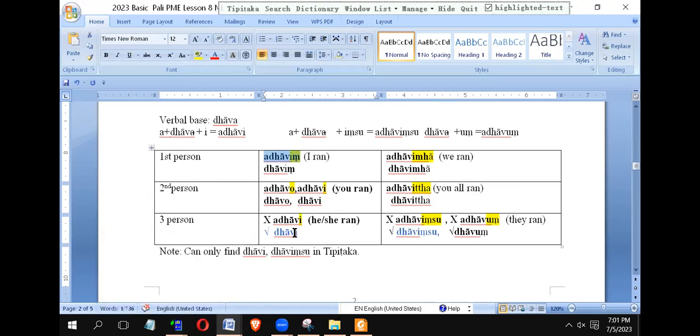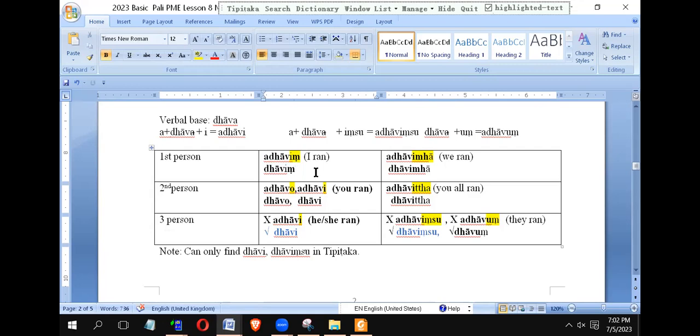I think I checked already. These two can be found: dawi, dawinsu. All right, can be found. Adawi may not be in the Tipitaka, but in this case maybe we can adopt the one without the A. See, without A is possible. So maybe of these two, this one will be more possible. All these are to show you all the possibilities.